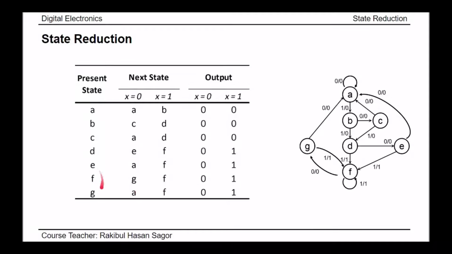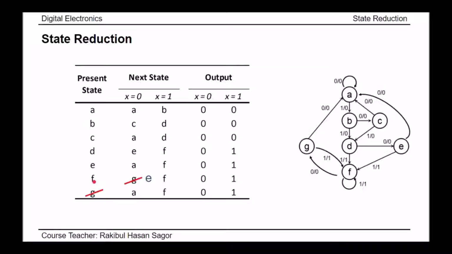As states E and G are equivalent, one can be removed. Here in our case we will remove G, and instead of G we will write E everywhere. So we will remove G from here. G can be replaced by E because G is equivalent to E. G is cut here, and we will write E instead of G. So this state is F, E, F, 0, 1.